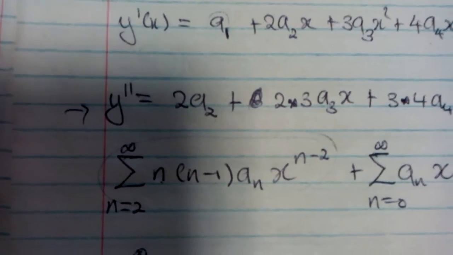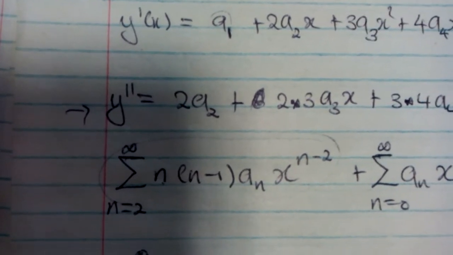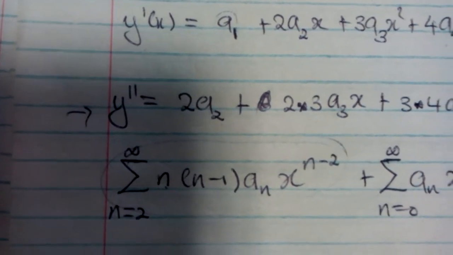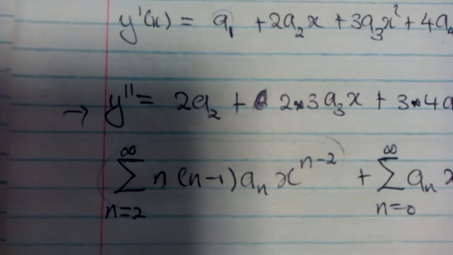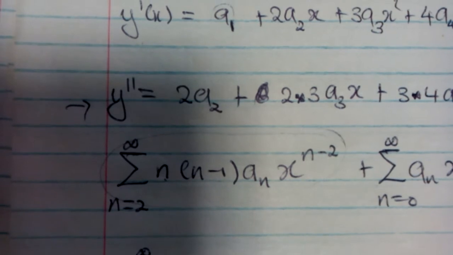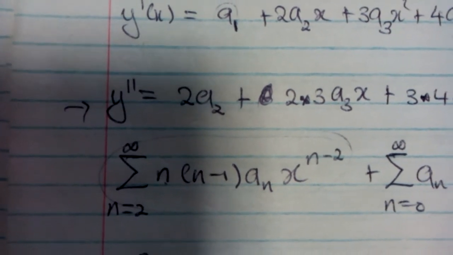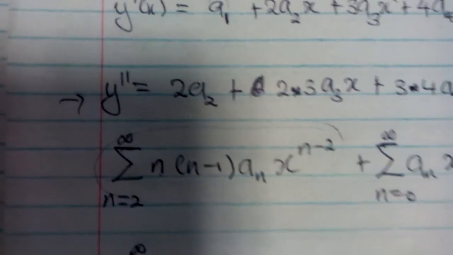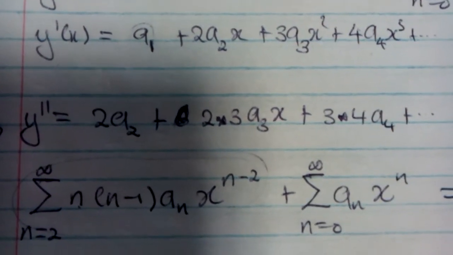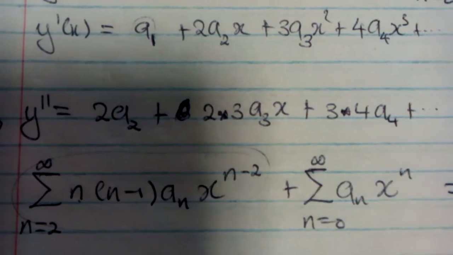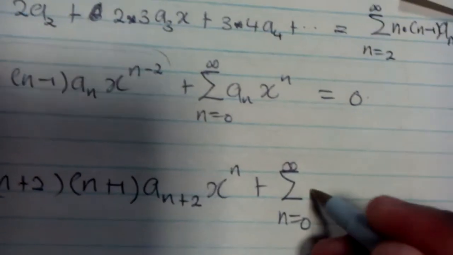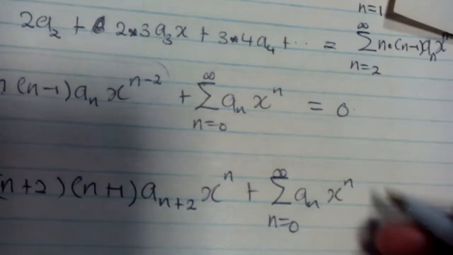So this becomes n plus 2, and this becomes n plus 1, times a n plus 2, and then this becomes times x to the n, plus the sum from n equal to 0 up to infinity of a n x to the n equal to 0.